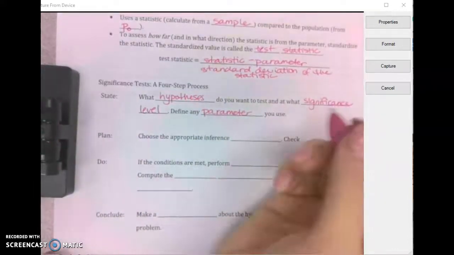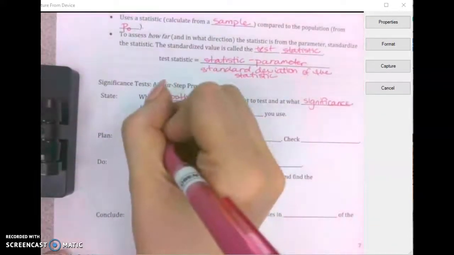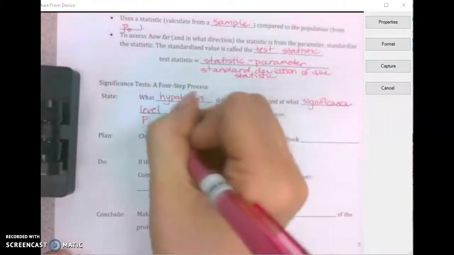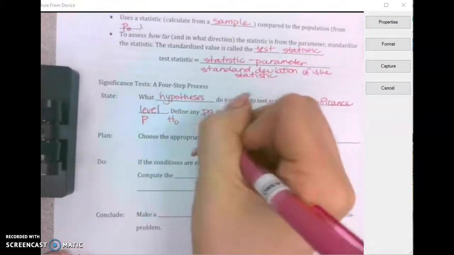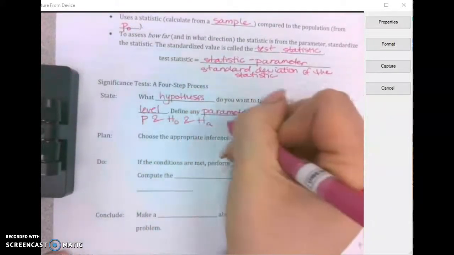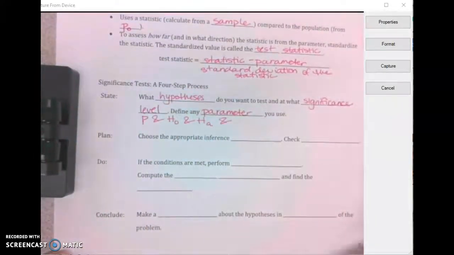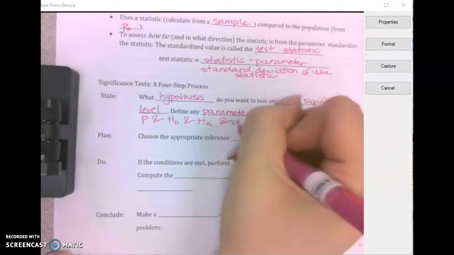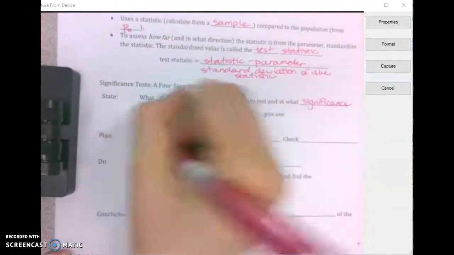So this is where you're going to give your P, your H sub O, your H sub A, and we're going to give our alpha, our significance level.